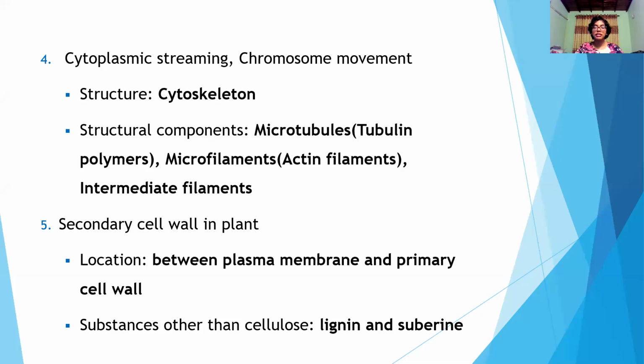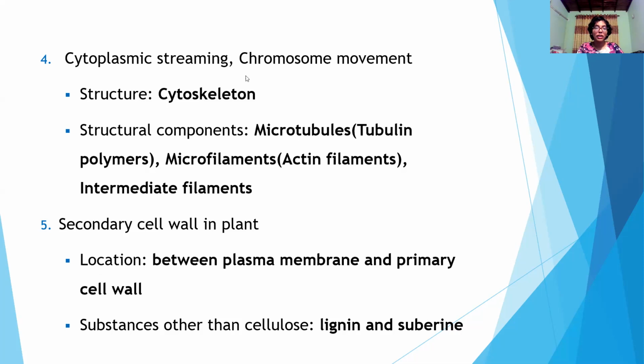Chromosome movement, you all know, is during cell division. During cell division, chromosomes move. For that chromosome movement, microtubules are important. And for cytoplasmic streaming, microfilaments, actin filaments, are important. Cytoplasmic streaming can be seen in plant cells.